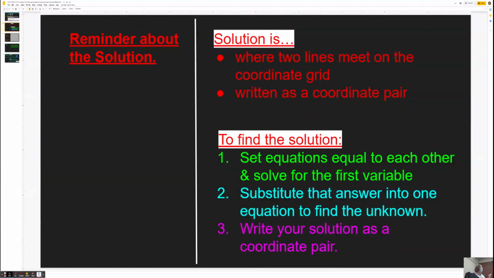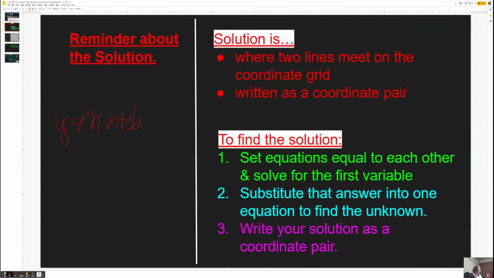So on Monday, you did graphing, and that's because those equations were written in the form of y equals mx plus b. And we talked earlier this school year that y equals mx plus b, slope-intercept form, is how you graph equations. Today, we're going to talk about how can I solve it without graphing when my two equations start with the same variable.